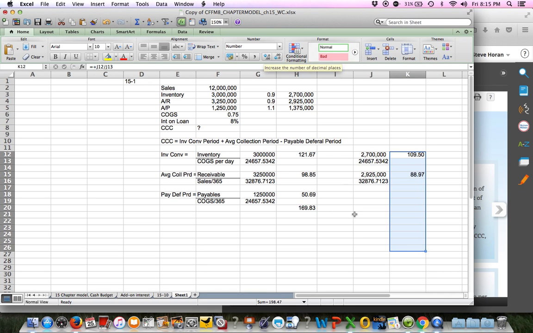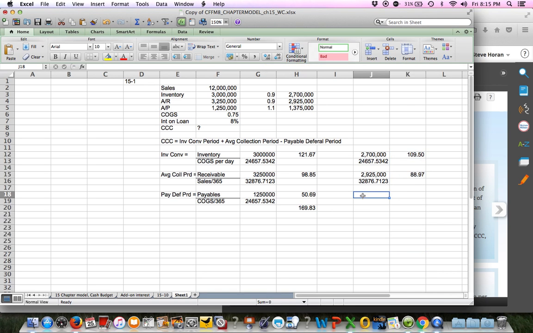Okay, there we go. In the last one, the deferral period, my payables number has now gone up. It's now 1,375,000. Let's grab that. And my cost of goods sold per day has not changed. That's still this 24,657 number. And let's do the math on that one. We get 55.76.